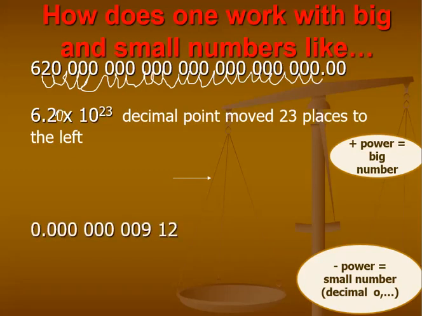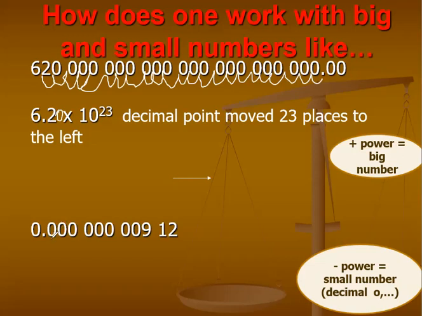Okay, now what if we have a very small number like 0.00000912? So this process applies in a similar way. That is the decimal point, so we will shift it until we get in front of the first number. That's the ideal thing, right?